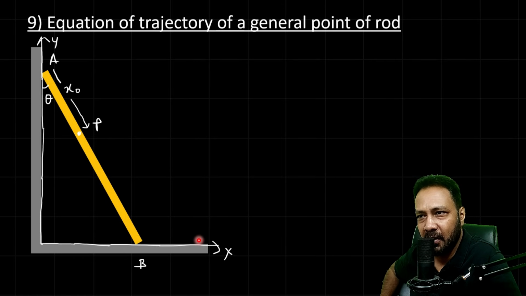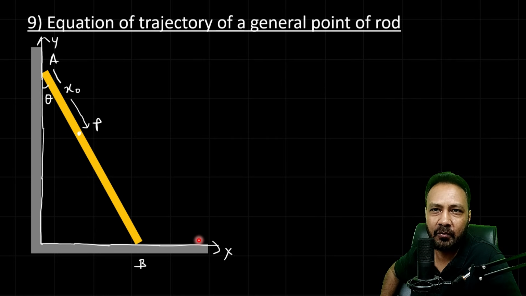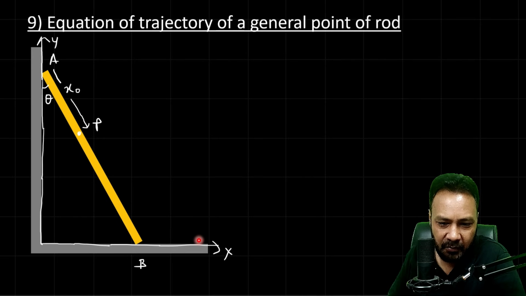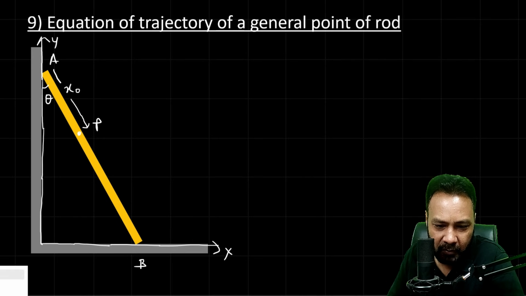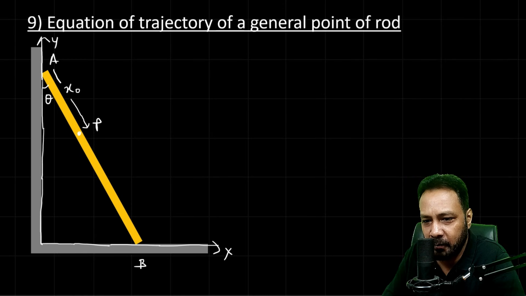If either A or B is made 0, that will reduce to a straight line. And if A and B are made equal, that will become a circle. So intuitively, I get a feeling that that could be an ellipse. Let's see whether my intuition is correct or not. So let me take the coordinates of P as x comma y.